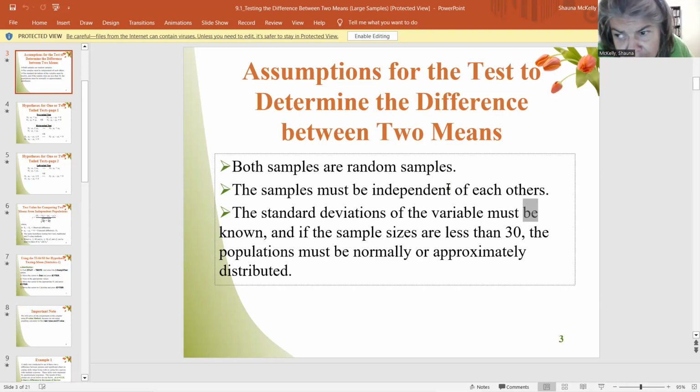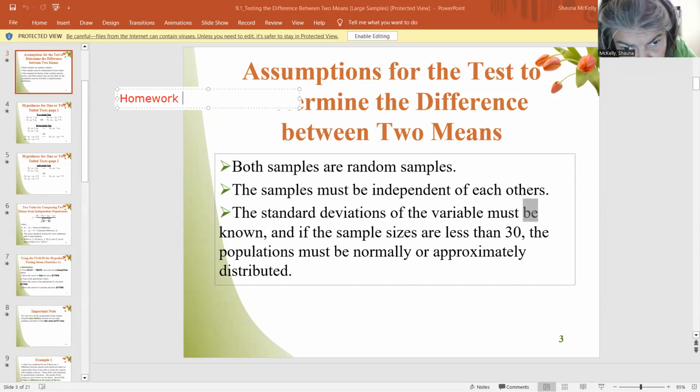Okay, so if you need to at this point, pause the video to write down the assumptions. This is material for question 2 on your homework. This is homework question 2 right here.